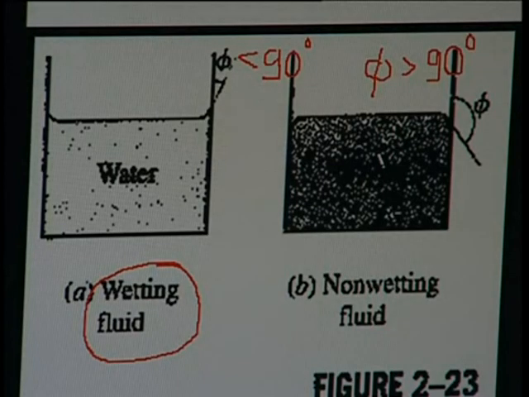In case of water-glass contact, if the cohesive force is more than the adhesive force, then we have this situation: molecules will remain cohesive to each other and they will not wet this surface. So, this type of fluid interaction with that solid will be non-wetting, and if the cohesive force is less than the adhesive force, like in this case, then this type of fluid interaction with that solid will wet the surface.